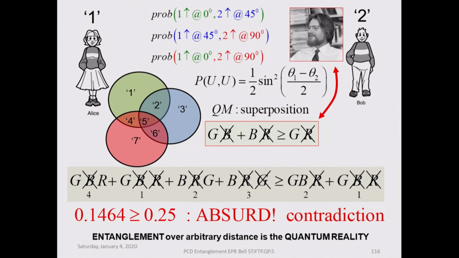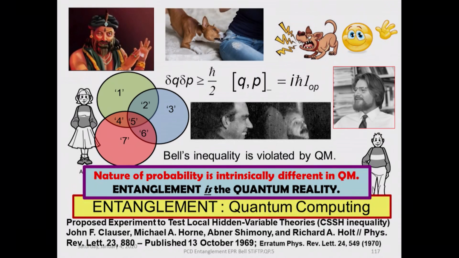Over arbitrary distances, this entanglement holds, and it is this entanglement which becomes a powerful tool in quantum computing. So, the nature of probability in classical mechanics in Mahendra Dhoni's toss is intrinsically different from the nature of probability in quantum mechanics.